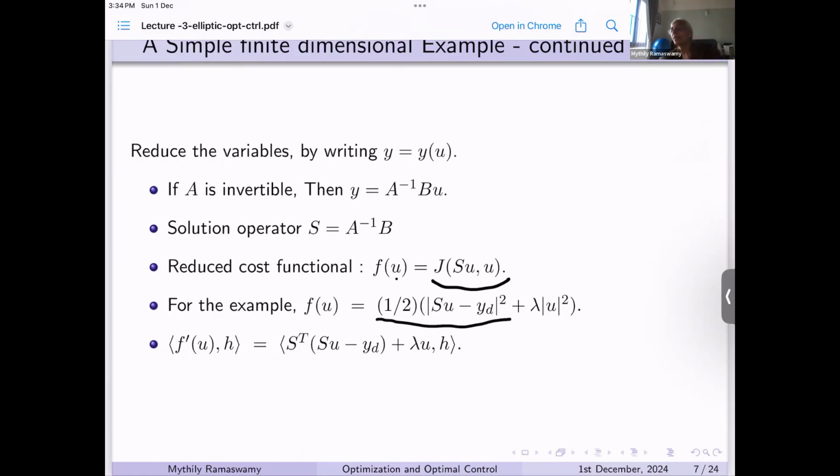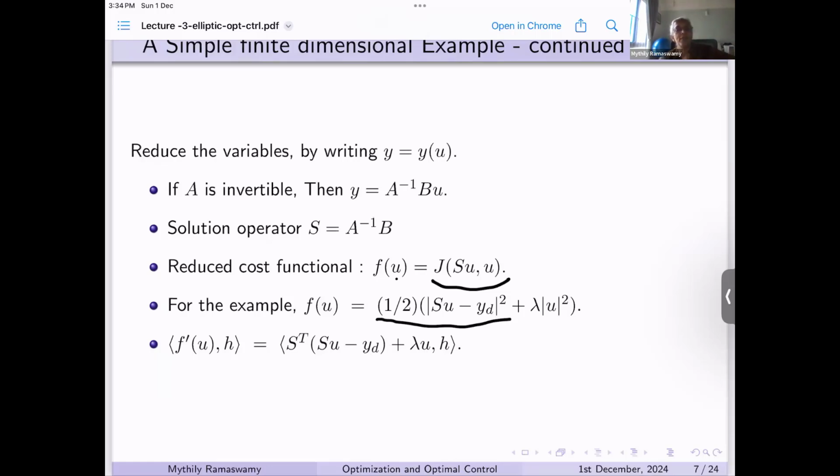So my condition will be just to compute the derivative of f of u, which now involves S of u. So that means I have to do a chain rule. F prime of u will give me, it is like a quadratic functional, |Su minus yd| squared. So that derivative will give me S transpose acting on Su minus yd.